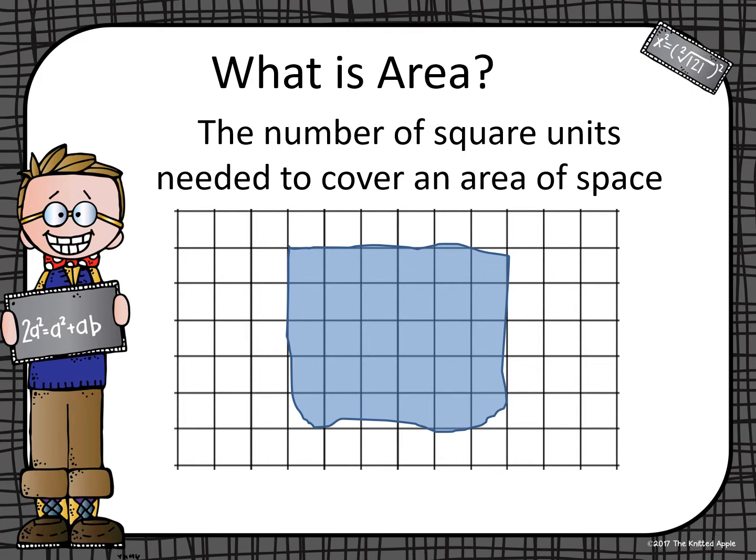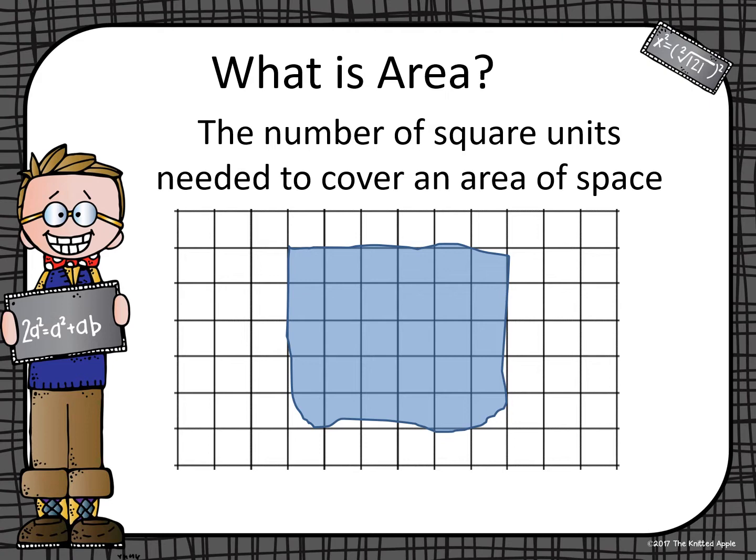So for example here, John just so happened to spill some water on his tile floor. In this case, we might want to know how many squares of water are being covered by this particular spill.